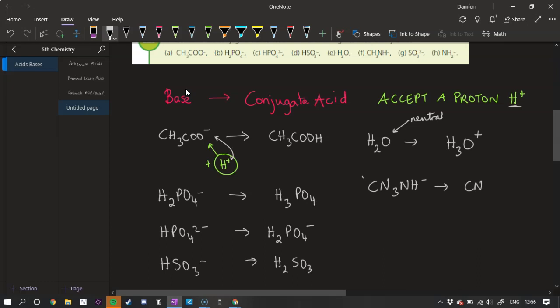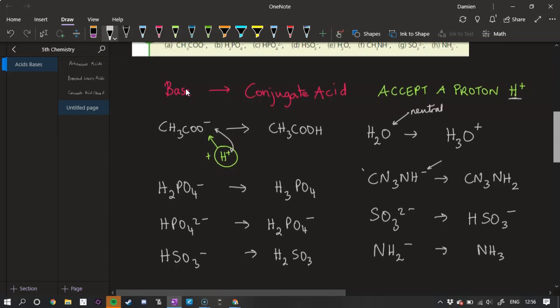Add on your H, so we get CH3NH2, because we now have two of them, and the negative goes to neutral by adding on a positive. SO3 2-: so you add on an H. Where do you add on the H here? At the start. HSO3-, the dinegative becomes single negative. And then finally NH2-, single negative, gives you NH3, and the negative goes to neutral. So that's working from a base to a conjugate acid. That's accepting a proton.